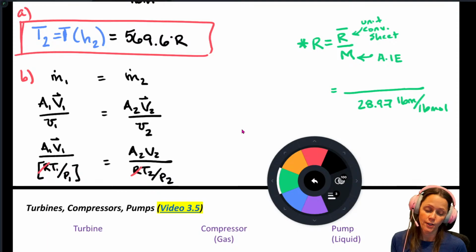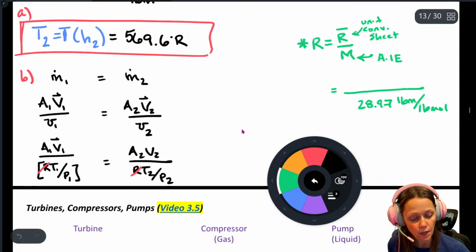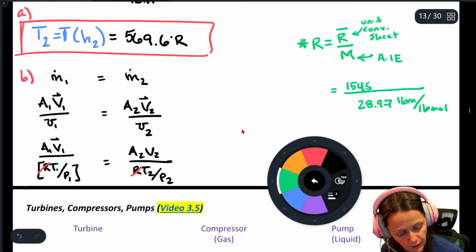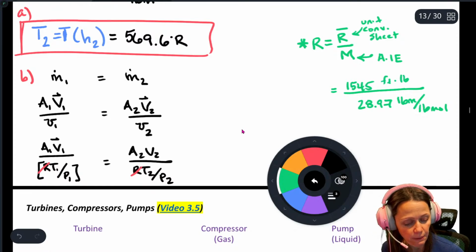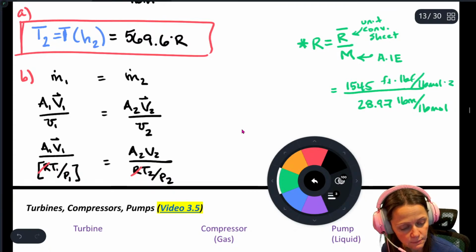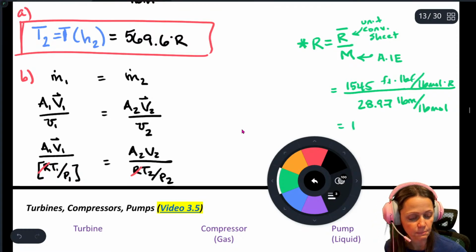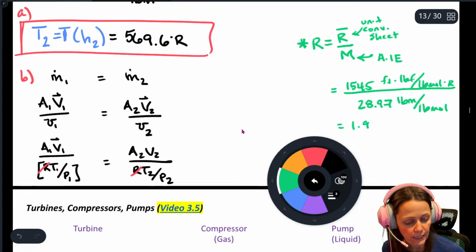You've got 1 in SI units, and then you've got 2 in English units. 1 is 1545, and it's foot pound force per pound mole Rankine. There's another one that's in BTU, so 1.986 BTU per pound mole Rankine.